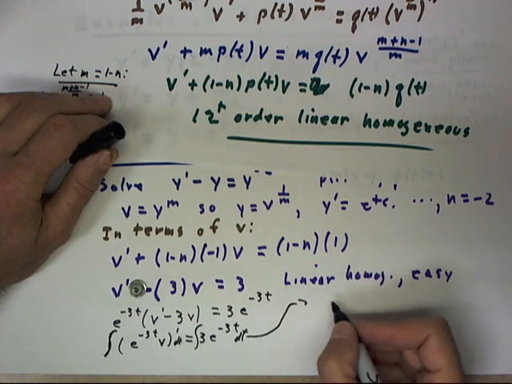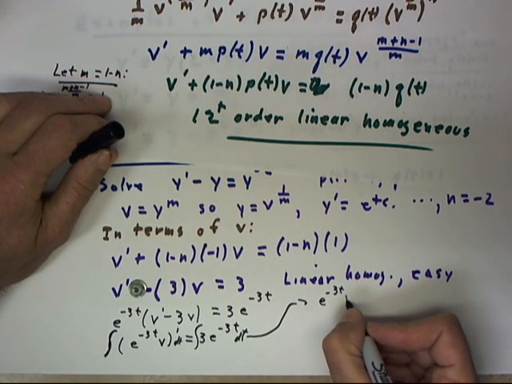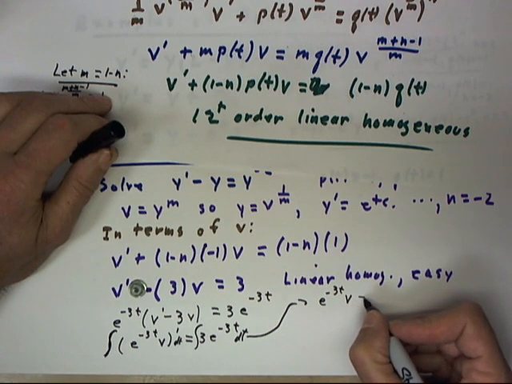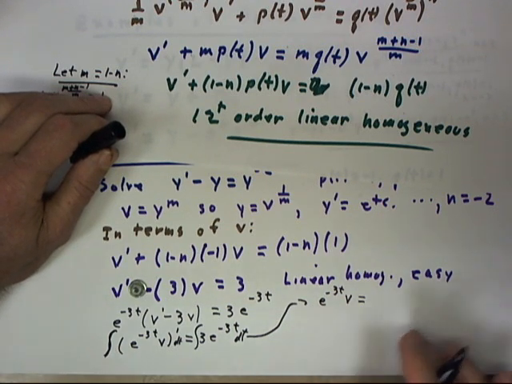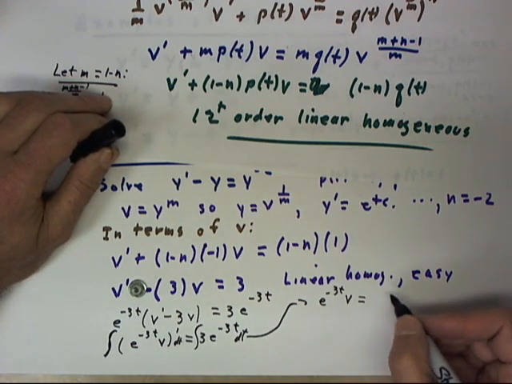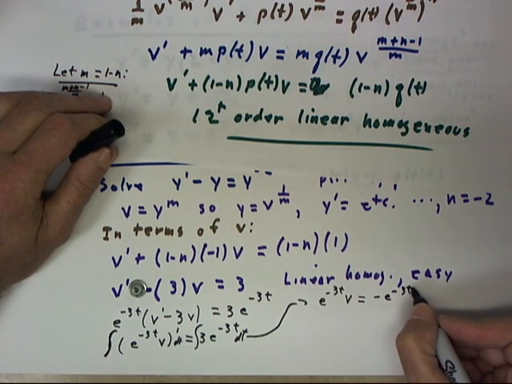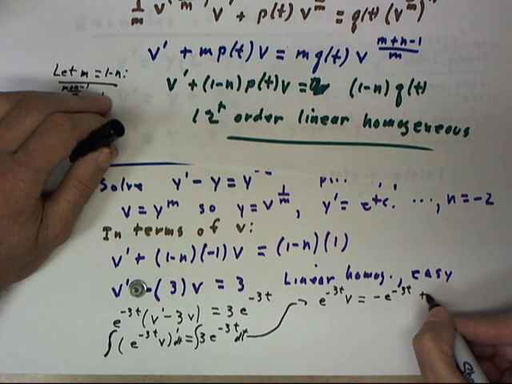The integral of this side is just going to be e to the negative 3t times v. The integral of the right-hand side will include the integration constant. When we integrate the right-hand side, it is just going to be negative e to the negative 3t, plus a constant.